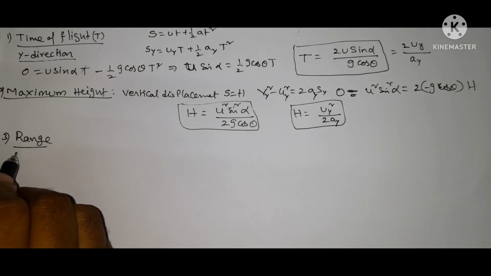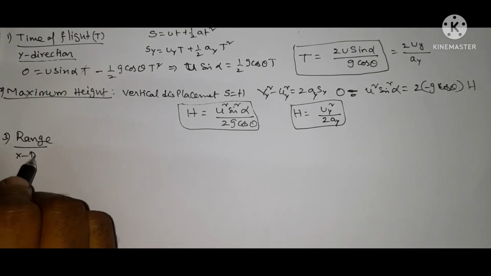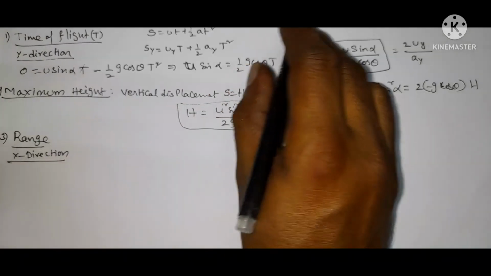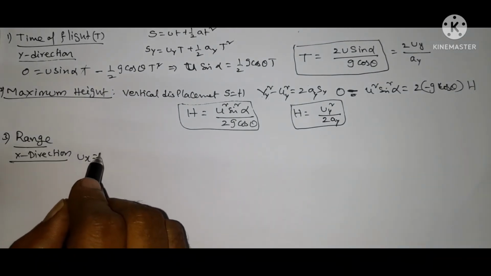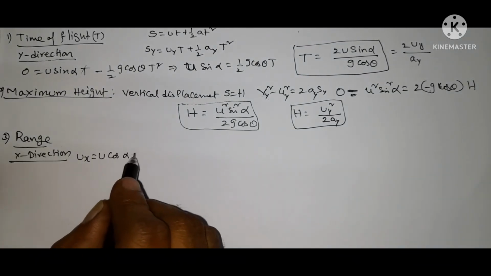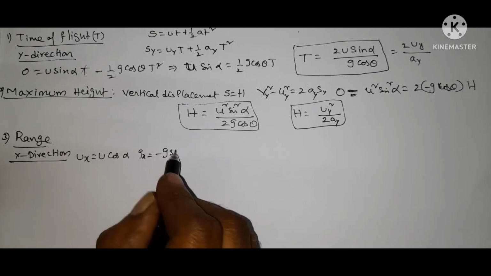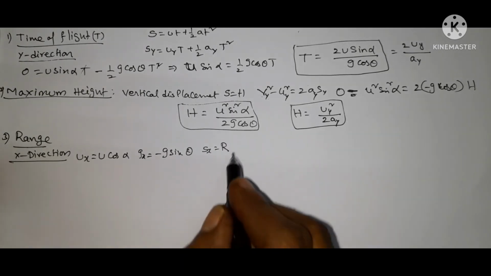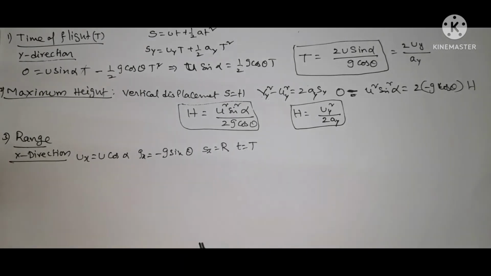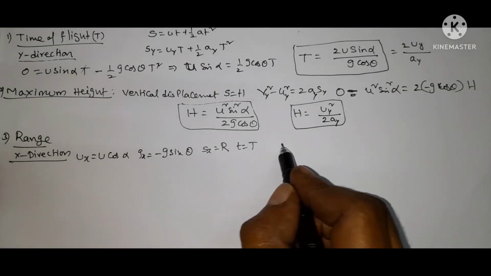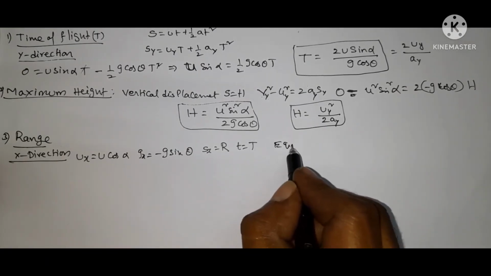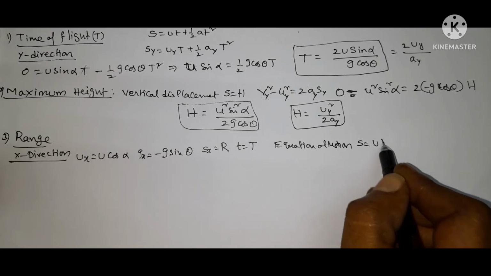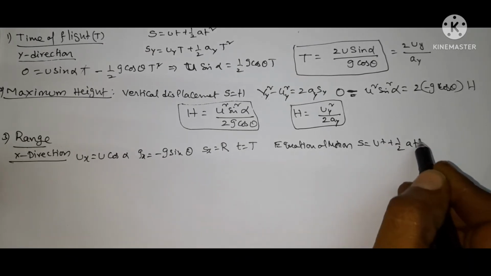Now, what are the quantities you know in the x direction? ux is equal to u cos alpha, ax is equal to minus g sin theta, sx, the horizontal distance, is nothing but the range R, and time is equal to the time of flight, capital T. Now again I am using the equation of motion, s is equal to ut plus half at square.